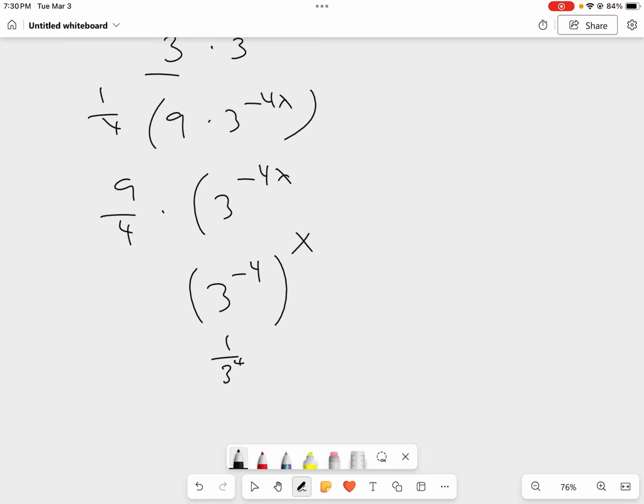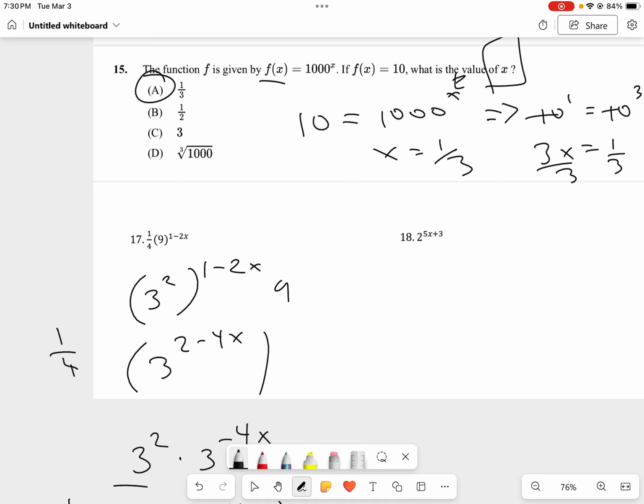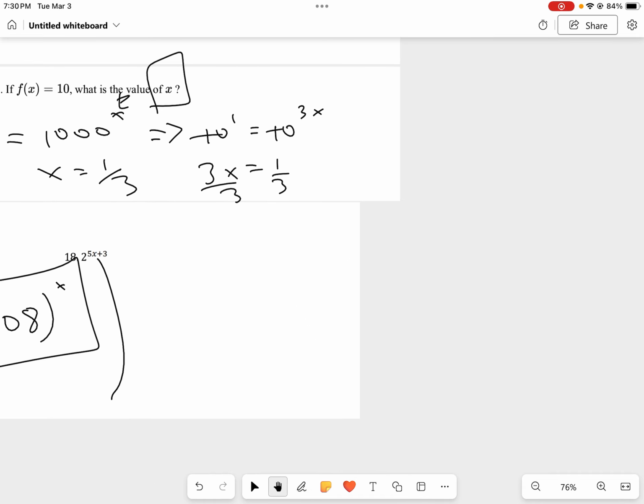Hold on. 27 times 4. Okay, 108. Sorry, 1 over 108. Times 9 over 4, which is easy. It's going to be 9 over 4 times 1 over 108, to the power of x. That's our solution.